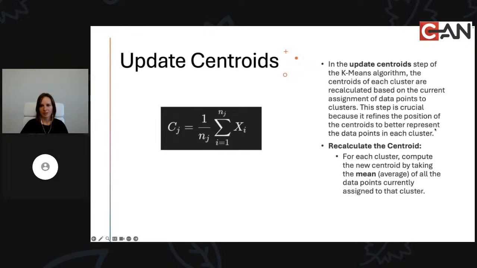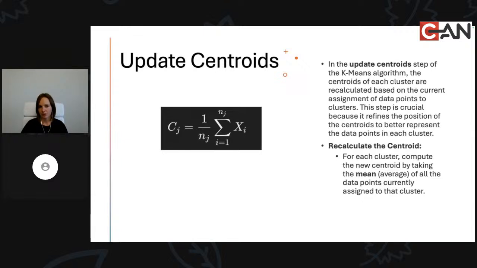So the next point, we've defined our initial random centroids. We've assigned all of our points and said, yep, for our first iteration, these points belong to this centroid. Now it's time to update the centroids. When we update the centroids, we take all of the data points in our data set and calculate the distance to each centroid.